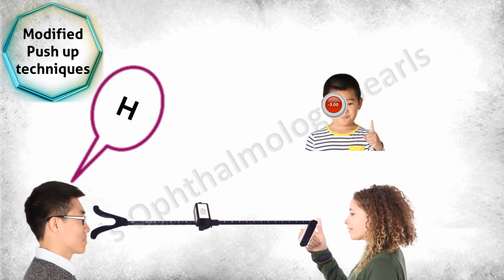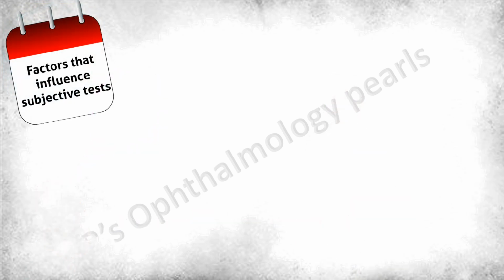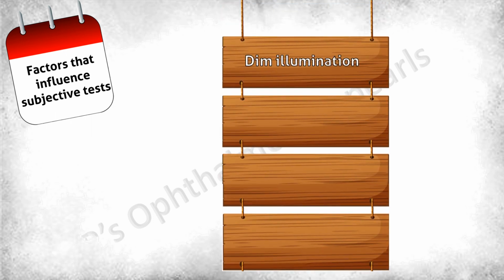Many clinicians have observed that patients show the highest accommodative amplitudes with the push-up method and lowest with the minus lens technique. Many take the average of the push-up and push-down techniques. Coming to factors that influence these subjective tests, a dimly illuminated reading chart may provide a poor stimulus to accommodate or may not allow an accurate recognition of defocus.